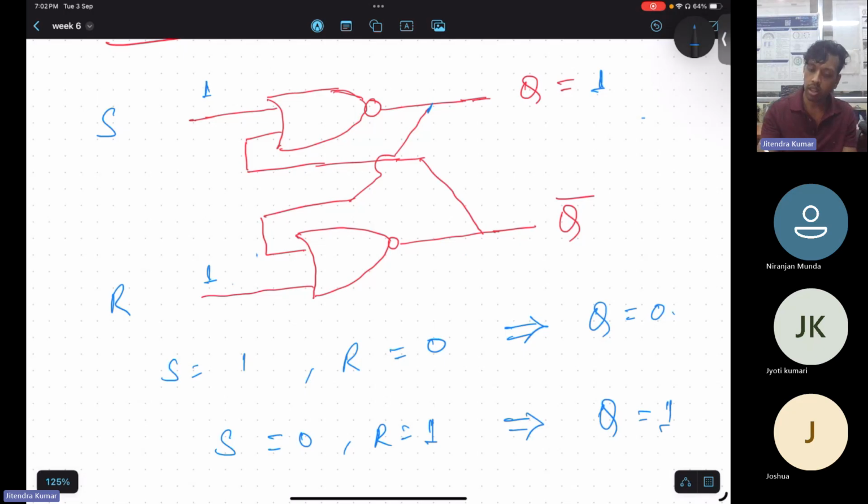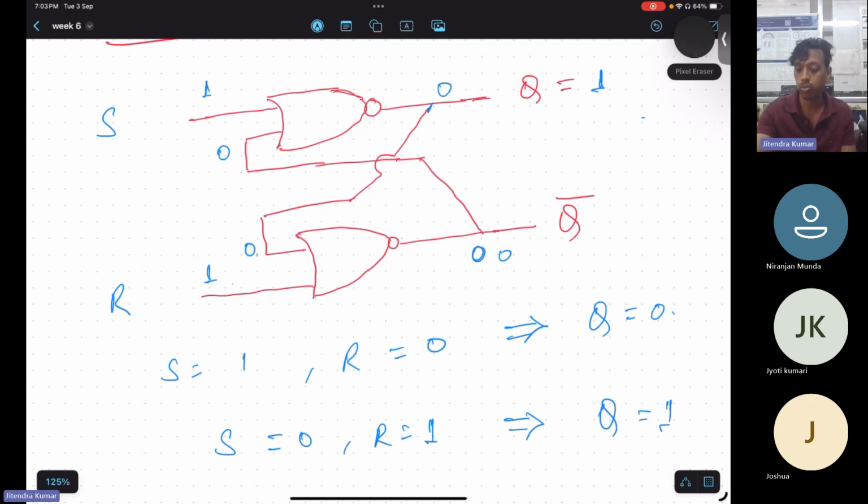So 1 and NOR of anything will give you 0, isn't it? And here this 0 will come out, and again 1 and NOR of anything will give you 0. Then this 0 will come out here, then again it will be 0. So both the outputs will be 0. That is why this input is not allowed.